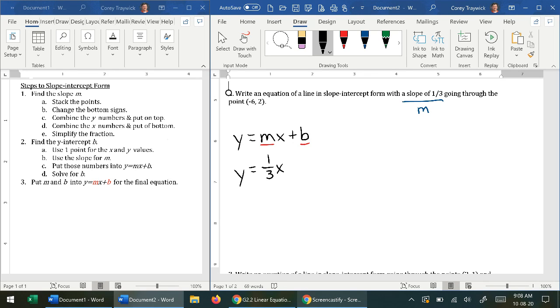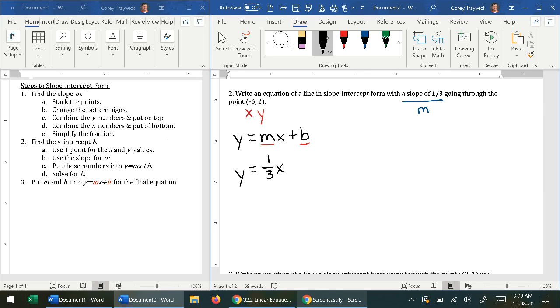Now we have to figure out what the y-intercept is. Well, this point, -6, +2, is not the y-intercept, but we can use it in a side equation, and that's what we're doing over here with our steps in step number 2. We're going to use 1 point for the xy values. That's going to be -6 and 2. And we're going to use this slope, which is 1/3.